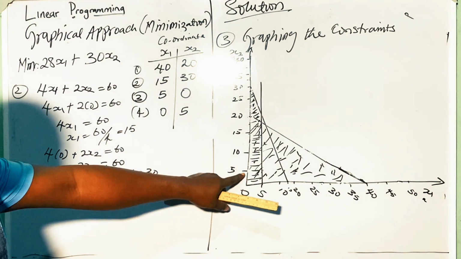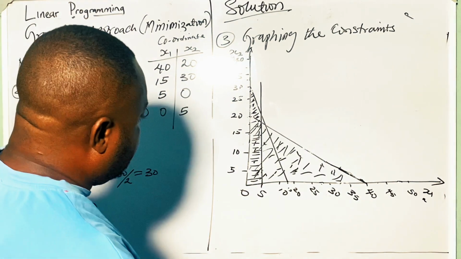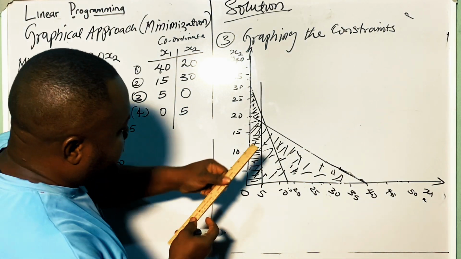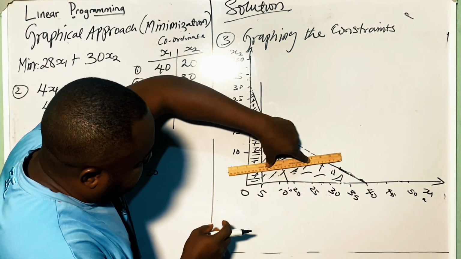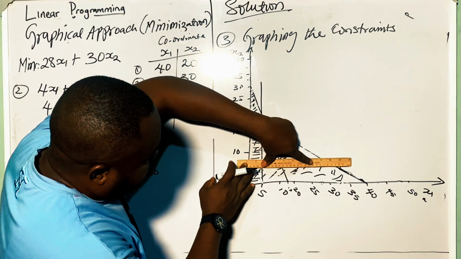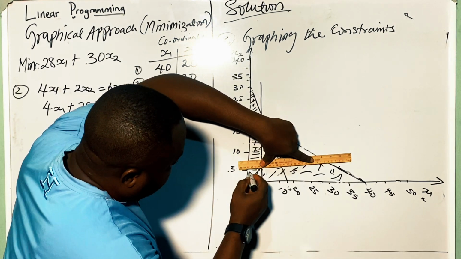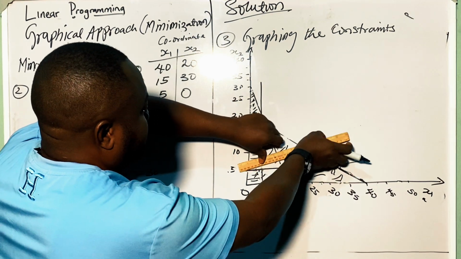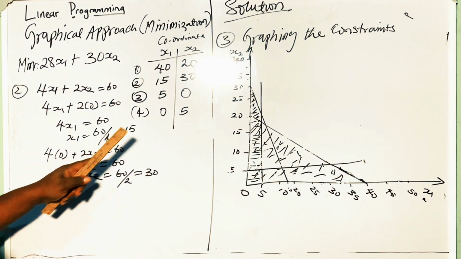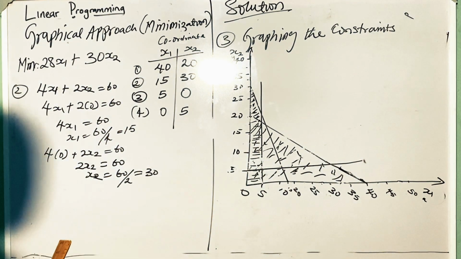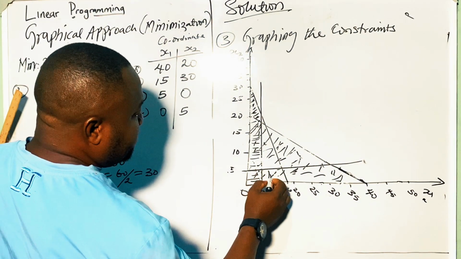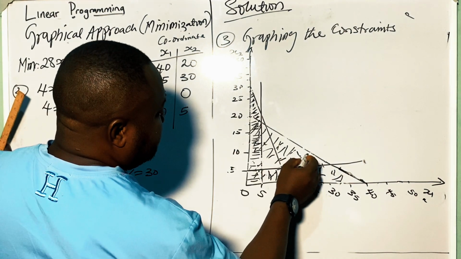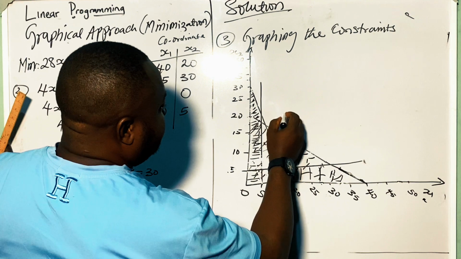For x2, which is also 5, we're also going to draw a perpendicular line at x2 equals 5. And do not forget that it is also of greater than or equal to type. So anything beneath is not desirable. Just like this, anything beneath is not desirable. So this is our feasible region.